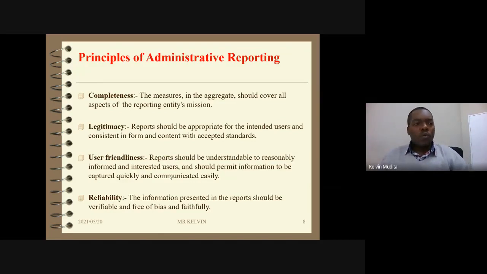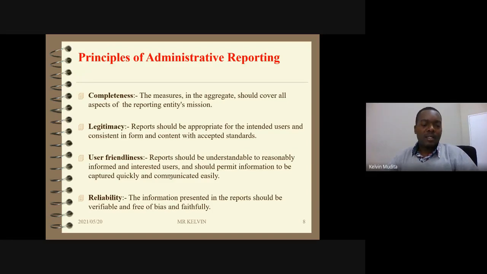Then we want to look at what a good report looks like. We call those the principles of a good report, principles of administrative reporting, which detail what a good report should look like. So the first principle is the principle of completeness.